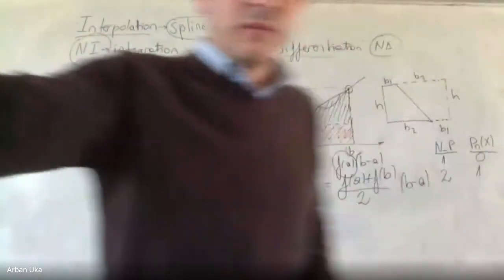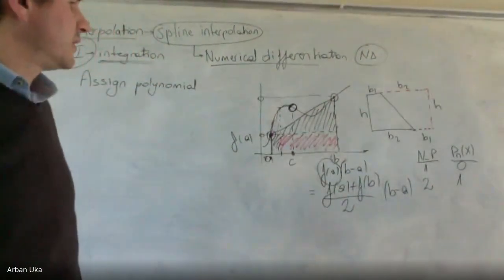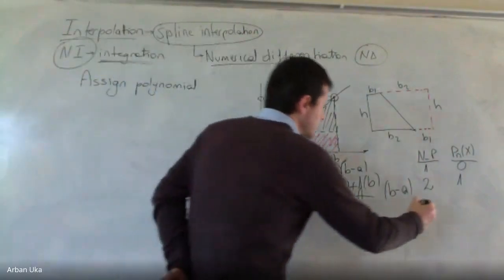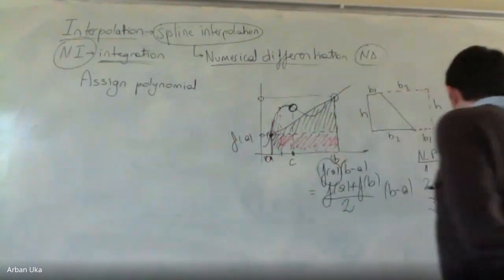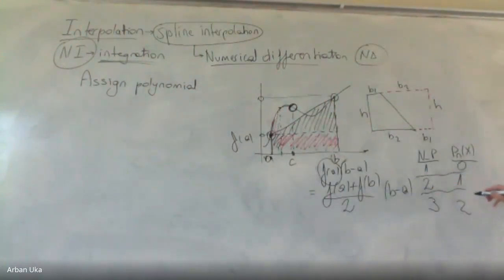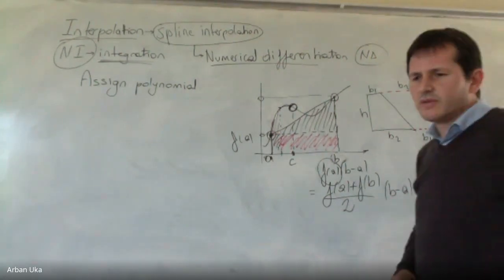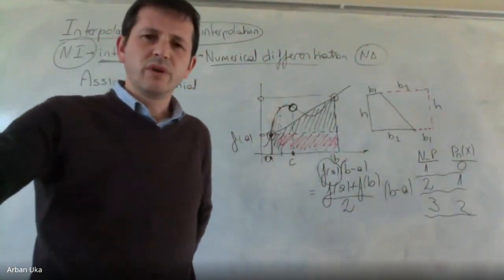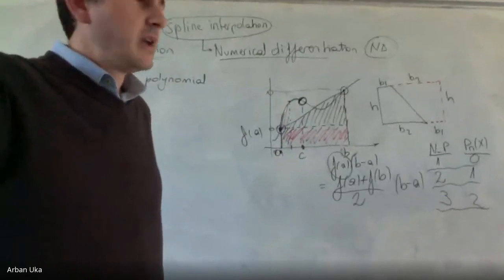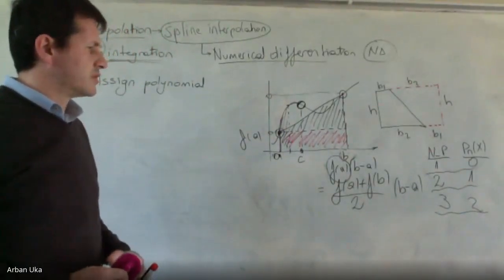We can assign a polynomial of the second order. So if we have 3 points, we can assign a polynomial of second order, and so on. We know that for functions that might even oscillate, it's better if we use a polynomial of a higher order. Now, this will be the approach that we are going to use.